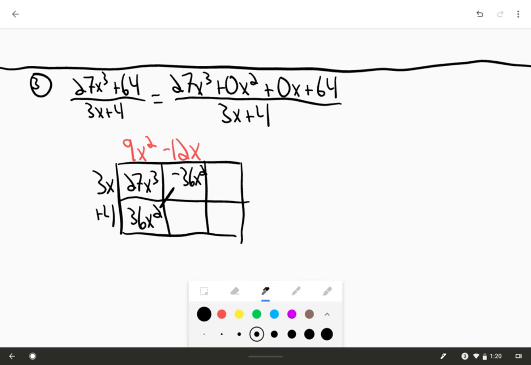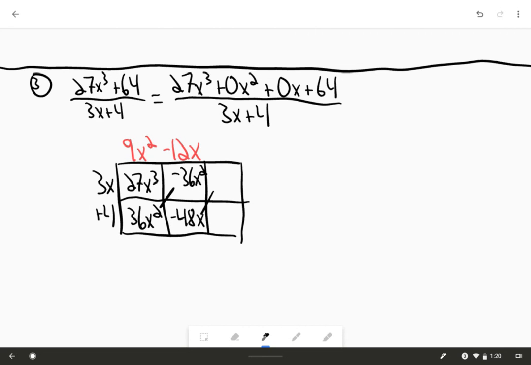All right. Now I'm going to finish out the column. 3x times negative 12x is negative 36x squared. And then negative 12x times 4, that's going to be negative 48x, right? 4 times negative 12 is negative 48x.